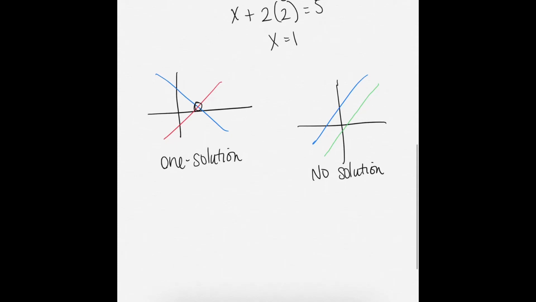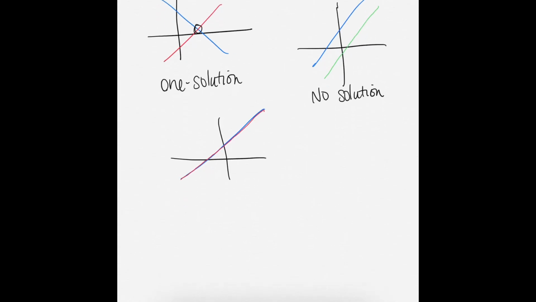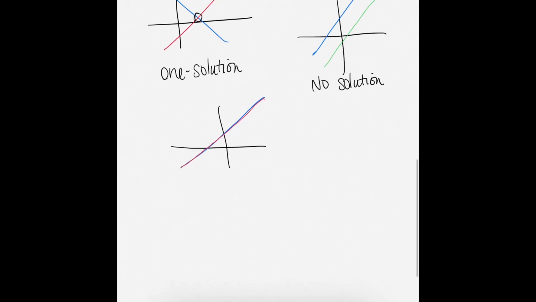If we have two parallel lines that never touch, we have no solutions, because they're not ever going to have a point of intersection. And we could also have two lines that, when I graph, just happen to end up directly on top of each other. What that means is basically one is just a scalar multiple of the other. If you were to reduce it, they would reduce down to the very same line.